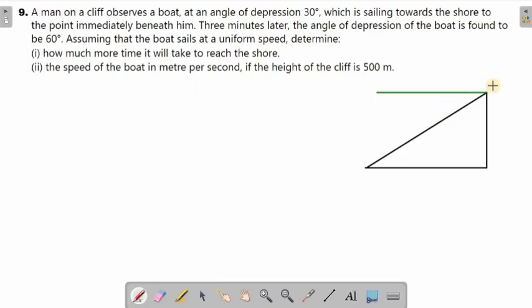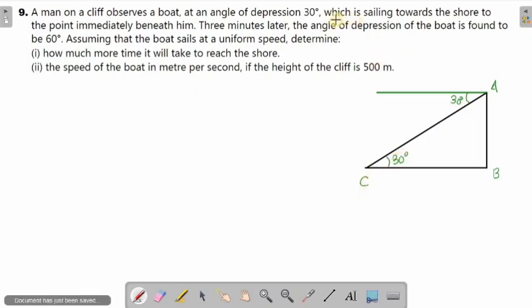So let me say AB is the height of the cliff and C is the initial position of the boat. Then the angle of depression, that is this angle, is given to be 30 degrees. If this is 30 degrees, all of you know this will also be 30 degrees.